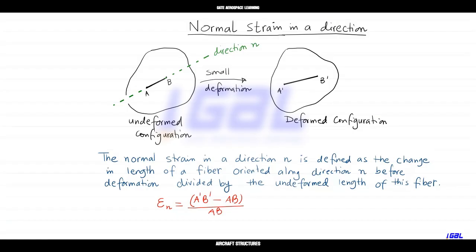Obviously, if the length of the fiber increases, then the normal strain in that direction is positive. If the length of the fiber decreases, the normal strain is negative.